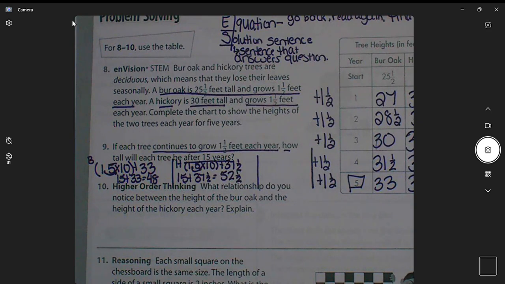Now, what sentence can you say? Right, after 15 years, the burr oak and the hickory will be 48 and 52 inches tall. That's exactly right.